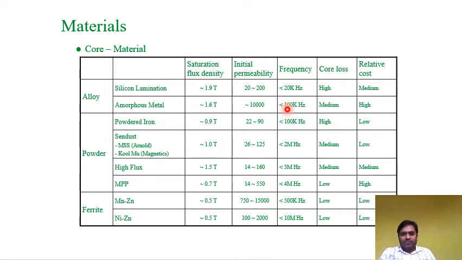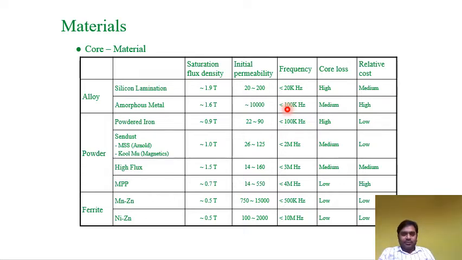The initial permeability varies from 22 to 90, and this is also used for less than 100 kilohertz operation. The core loss in this is high compared to the classes, which are the different classes available under the powder iron core. But the good thing is that the cost is very low.